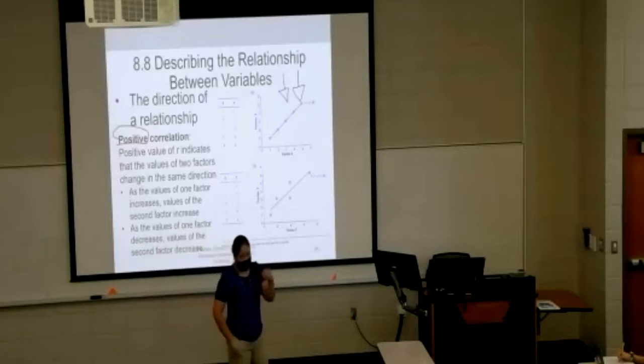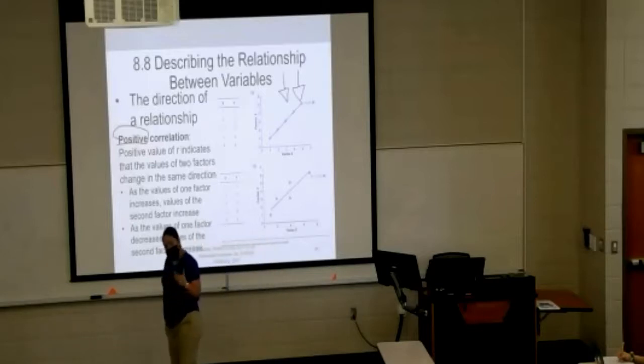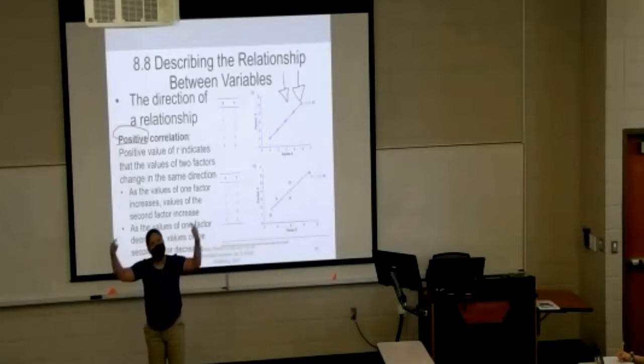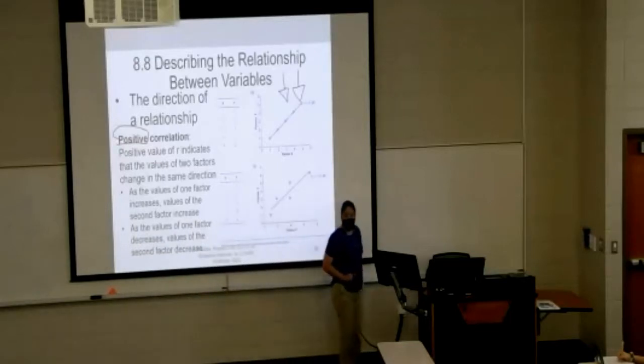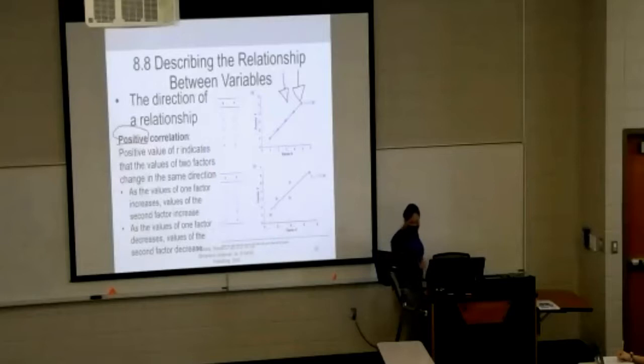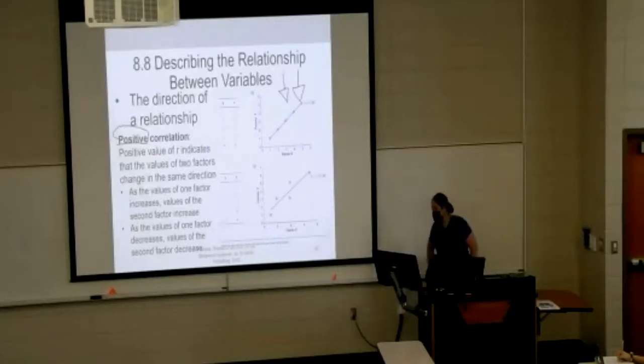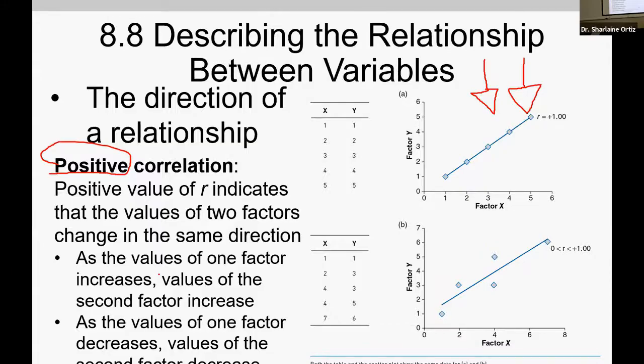Those are both negative. You're going downward, but that represents a positive relationship because they're both going in the same direction. Okay. Any questions about positive relationships? Any questions online? All right, good deal. So let's go back to our slide.